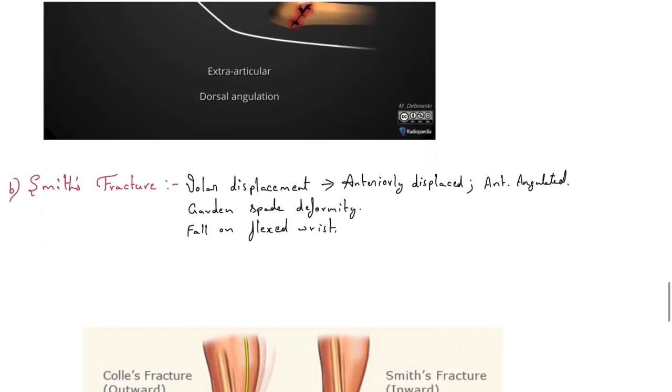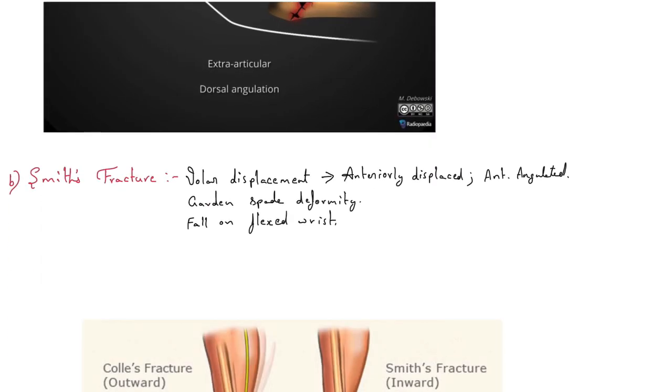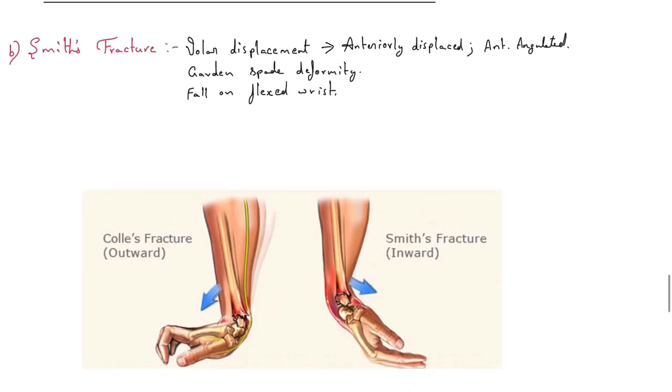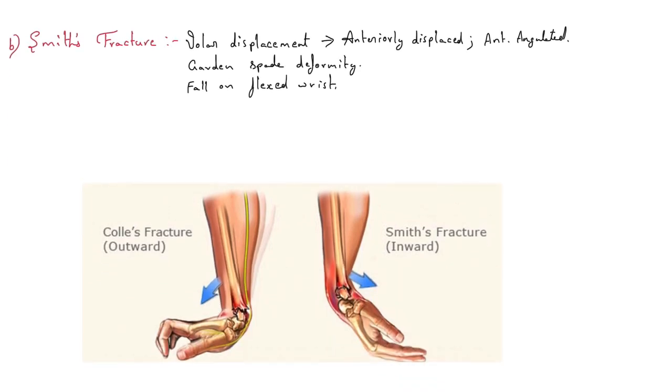Okay. Next one, Smith fracture. Smith fracture is a fracture of the distal radius with volar or palmar displacement and angulation of the distal fragment. This is the volar displacement, anteriorly displaced or anteriorly angulated, and we can see the garden spade deformity.